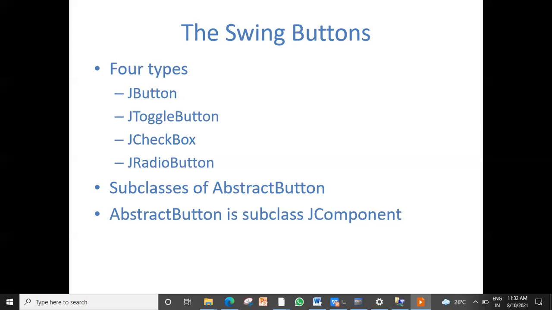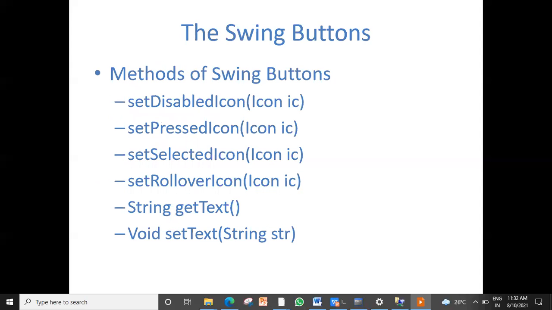Anyway, so common methods, because these common methods will belong to all these 4 buttons. So whichever button, in case in exam they ask you for 5 marks, you should know which methods are applicable. Although they are not very important: set disabled icon, set pressed icon, set selected icon, set rollover icon. Last time I've told you about this, but let me just revise.